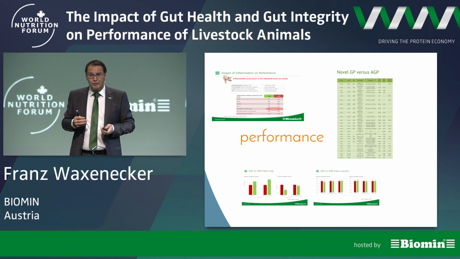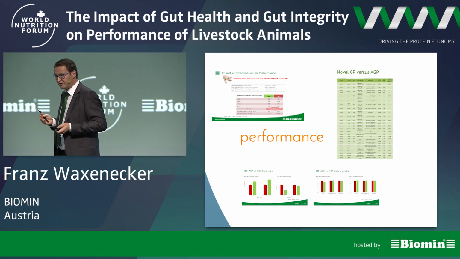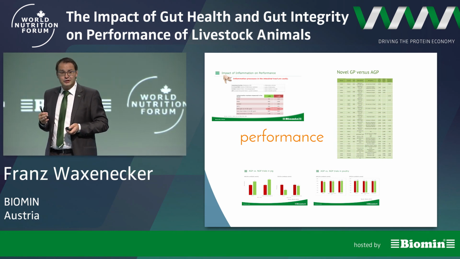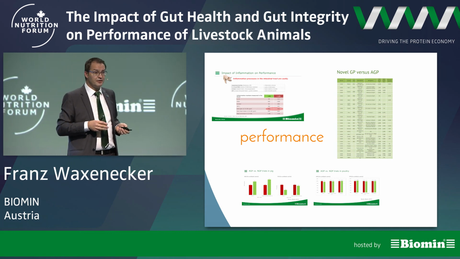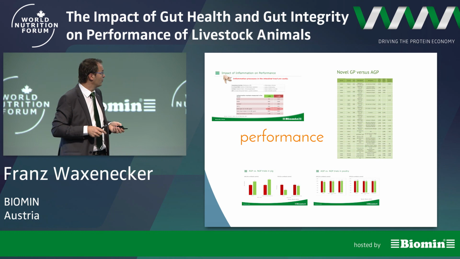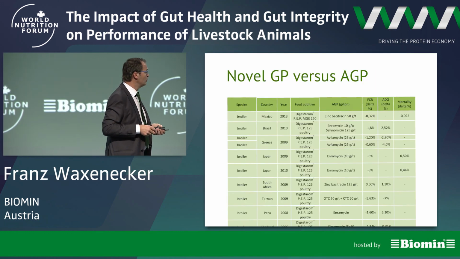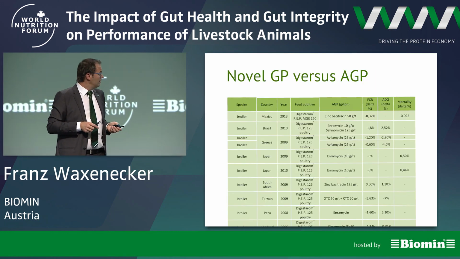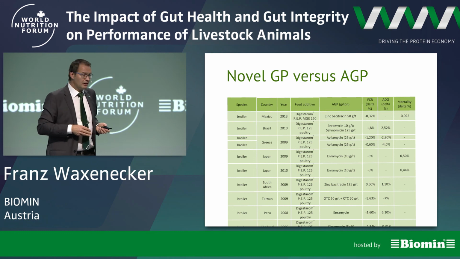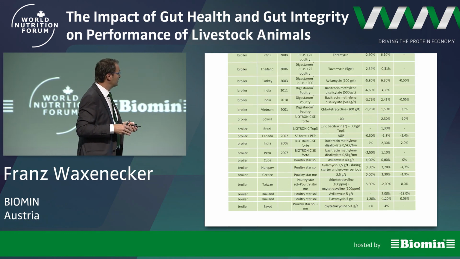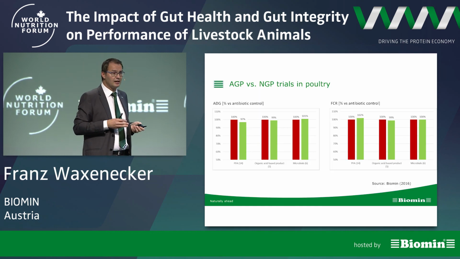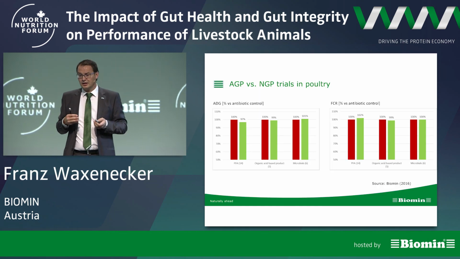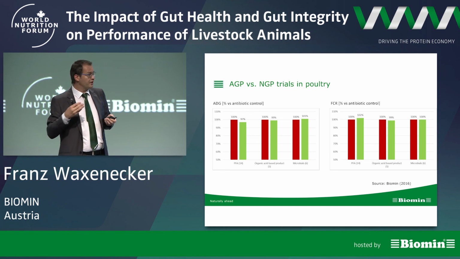And number 4, what has to be expected from novel growth promoters is, of course, a well-documented effect on the animals, their ability to increase performance. And I just want to show you the broiler studies here with the novel growth promoters we did. It's a long list of studies against antibiotics.